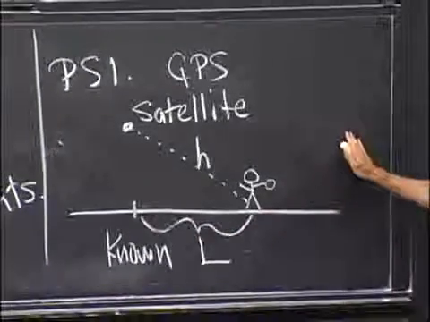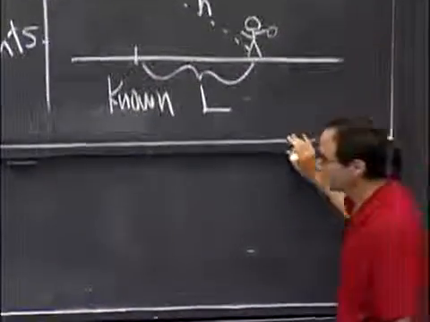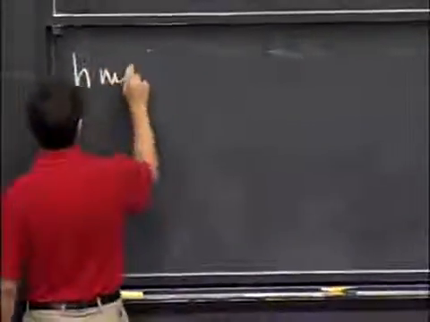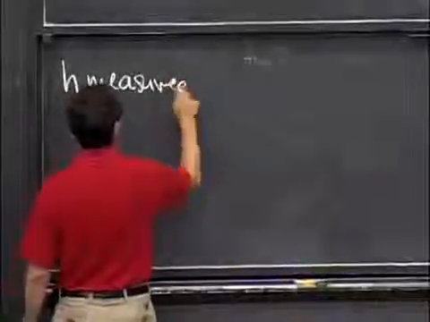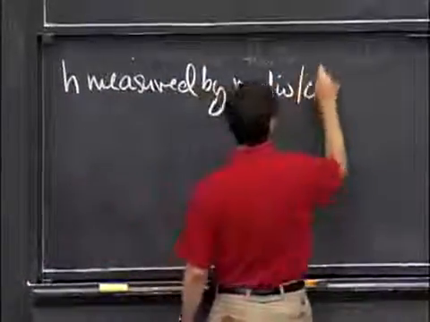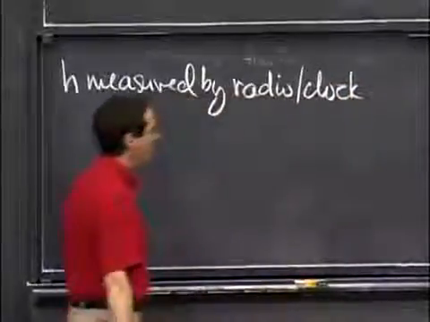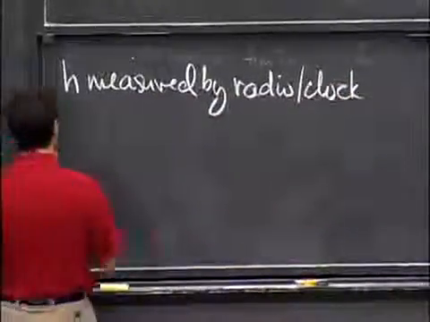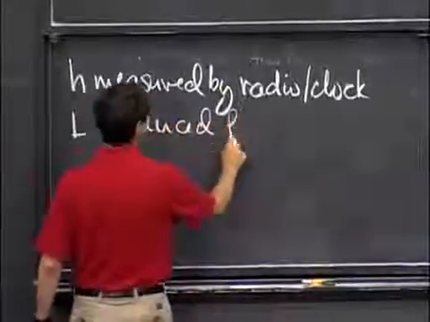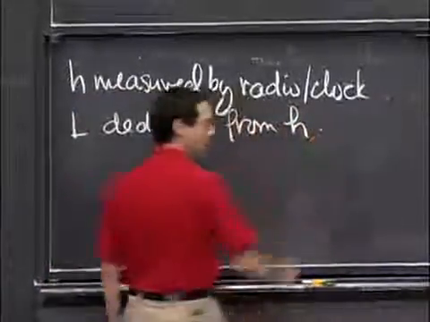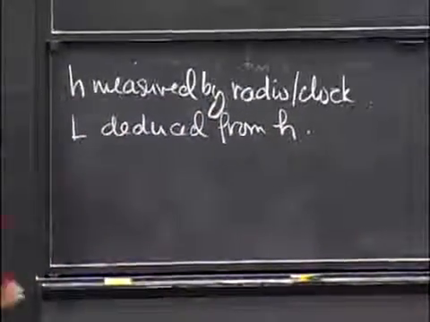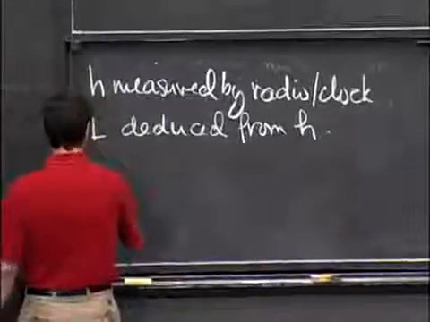So in other words, what's measured is h, by radio waves and a clock, or various clocks. And then L is deduced from h. What's critical in all of these systems is that you don't know h exactly.